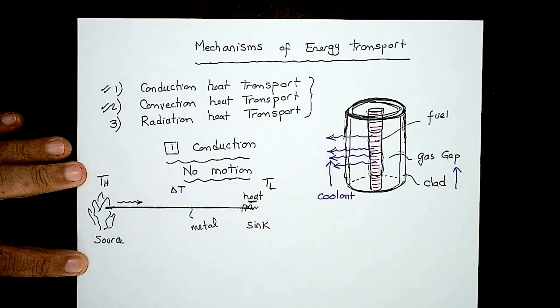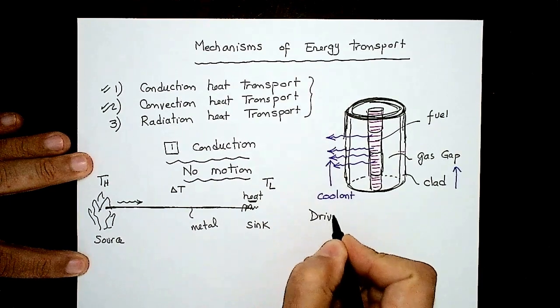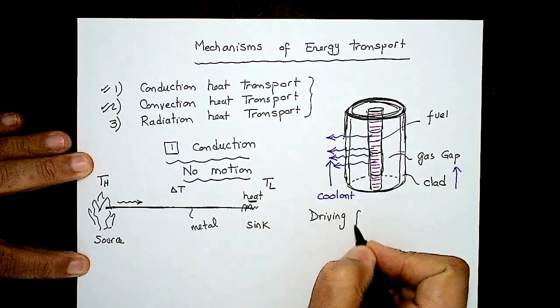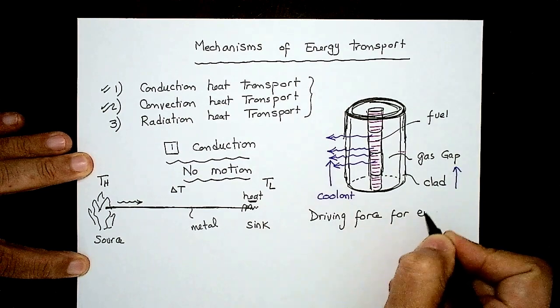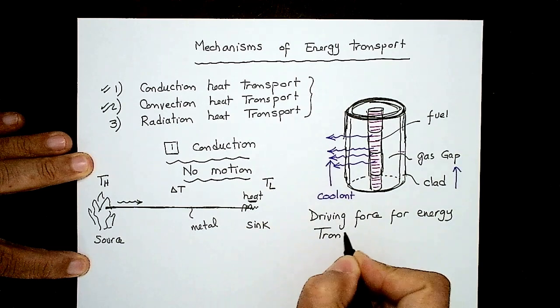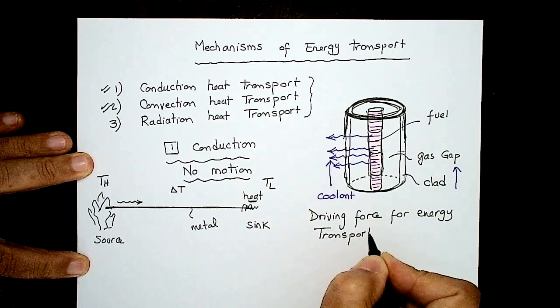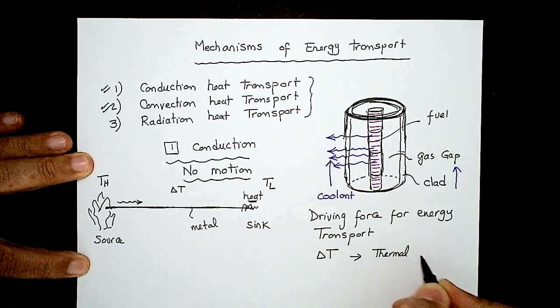So it is very important to have a driving force for energy transport. So if you have delta T, this will allow thermal energy to transfer.